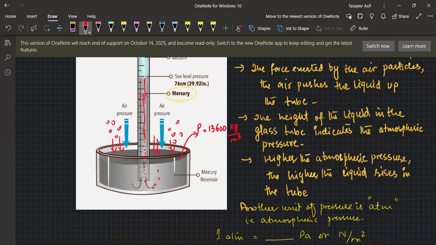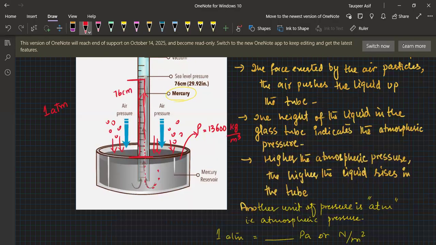And the height that is covered when there is 1 atm. What is 1 atm? 1 atm is the atmospheric pressure when the height covered by the mercury is 76 centimeter.